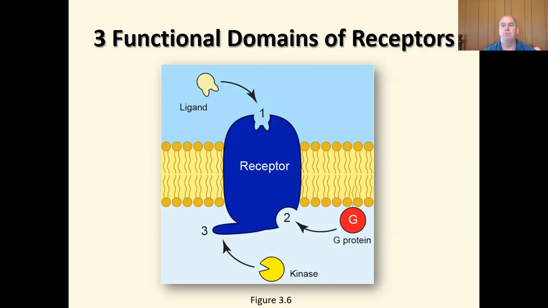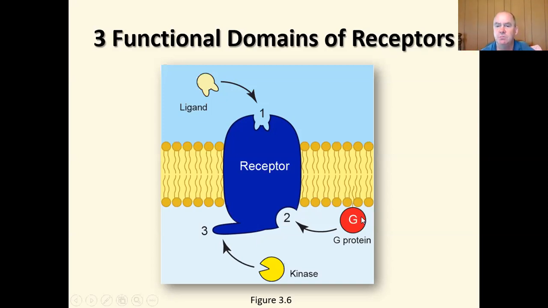But what also happens is when that ligand goes in there, it pulls on the protein, and the protein will change shape a little bit, and that will translate throughout the whole protein, and then on the inside of the membrane, you get a change. This site on the inside of the membrane is the activation site, I call it. It's going to activate some kind of response in the cell.